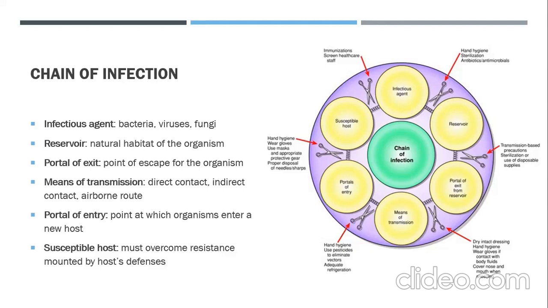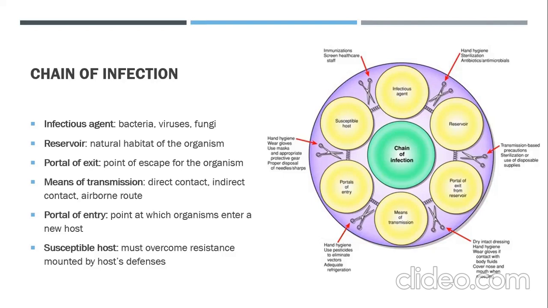So the portal of exit is how that illness escapes. For example, especially in an adult, you'll notice doctors don't really like giving antidiarrheal medication. Why? Because diarrhea is how a lot of viruses and bacteria escape the body.